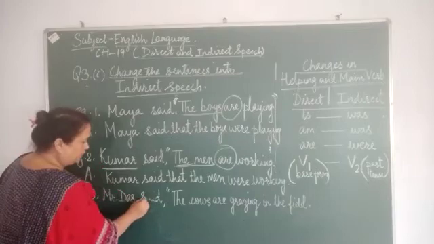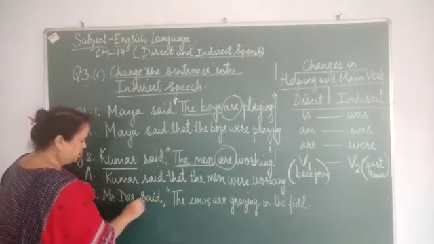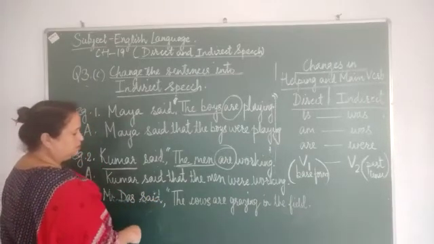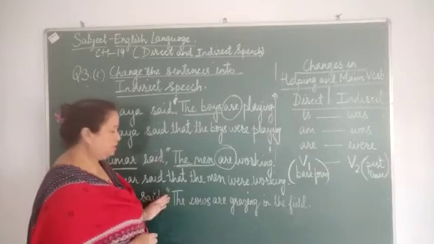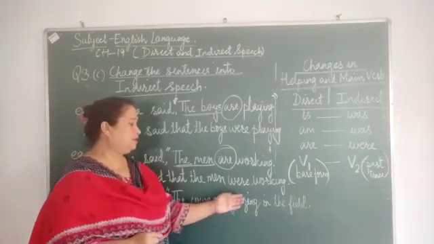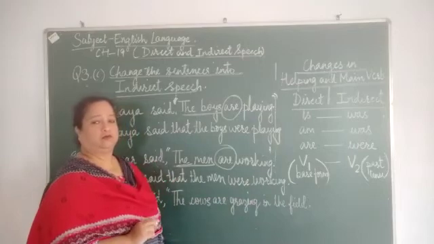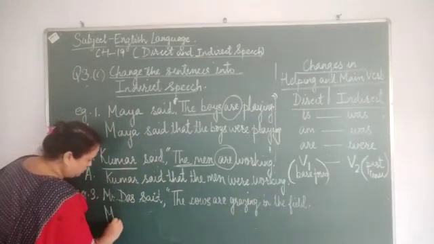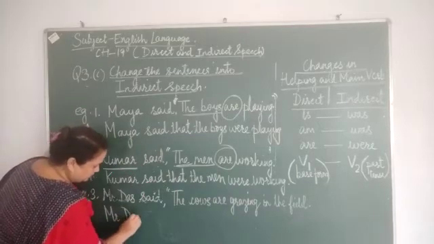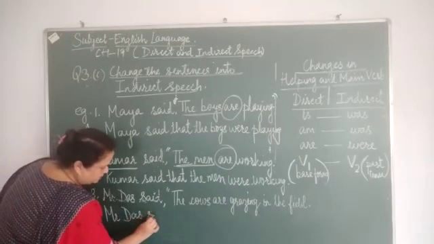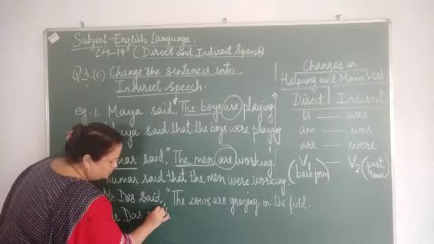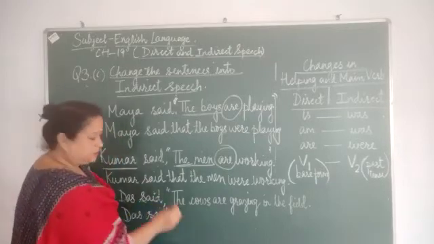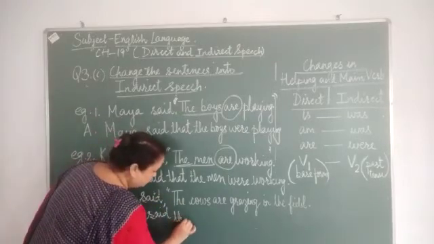Now let us have a look at the last sentence that I have. Mr. Das said, "The cows are grazing in the field." So who is the narrator? Who is the speaker? Mr. Das. So we will write Mr. Das said. After removing the inverted commas, we use that.